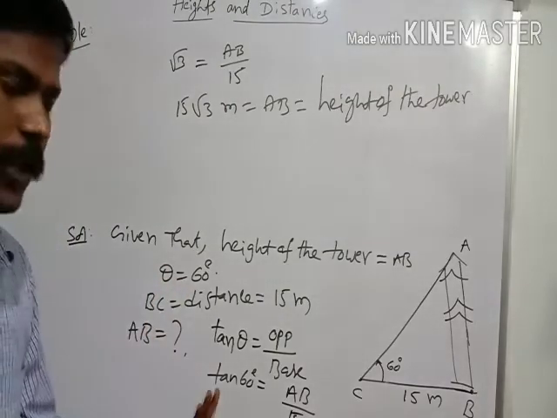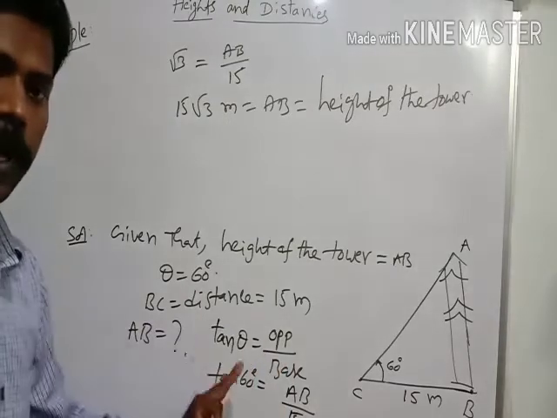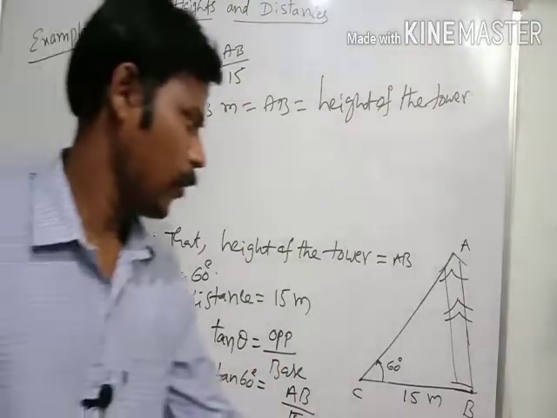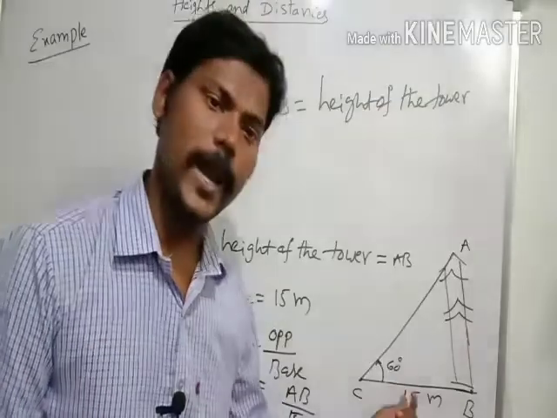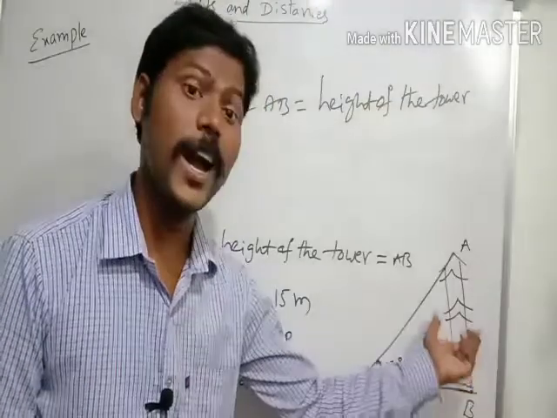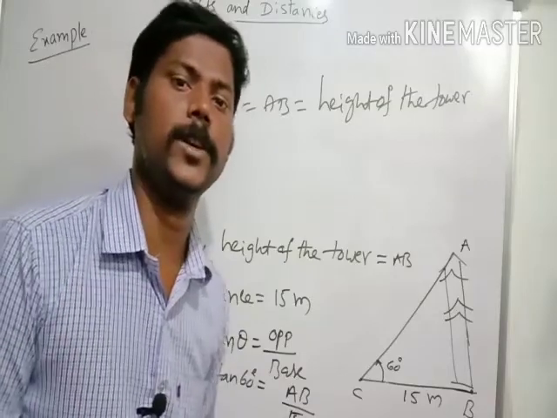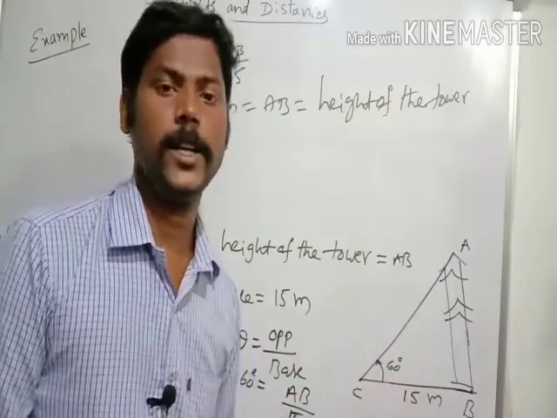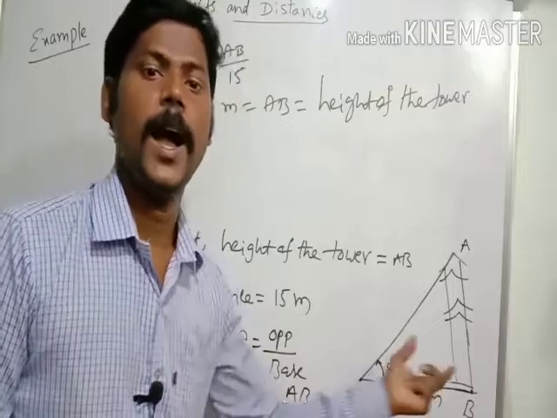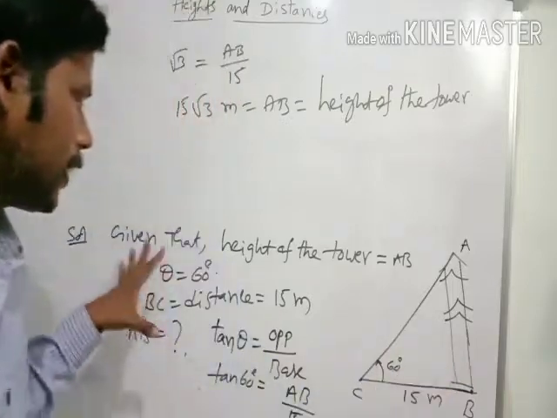So tan theta means what? Opposite by base. Why do we take only tan theta? We know the base value, we know the angle of elevation, but we don't know the height of the tower. That's why we apply tan theta. What is the tan theta formula? Opposite by base. So it is very easy to find the height of the tower. What is given in the question?